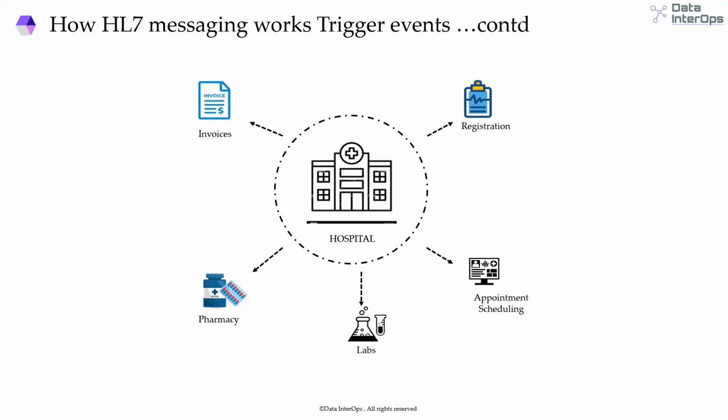And then you have something called scheduling, where the patient's appointments are scheduled, his lab tests are scheduled, any other CT scans, MRIs, or many things can be scheduled under the scheduling category. Then you have labs. Labs are nothing but the doctor placing an order, and that order information will be sent over from the EHR system to the lab system. Then the doctor may prescribe a few medicines based on the treatment that he is providing to the patient.